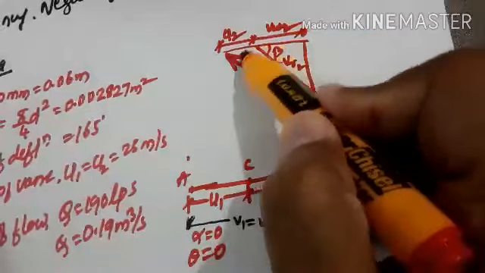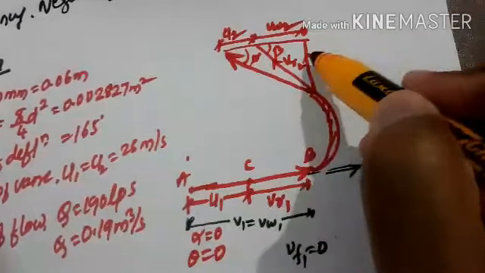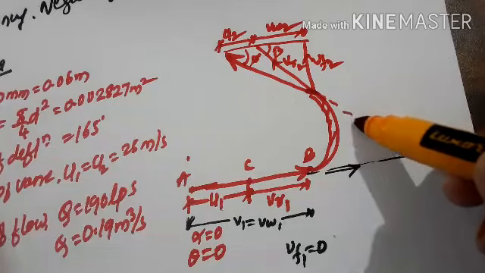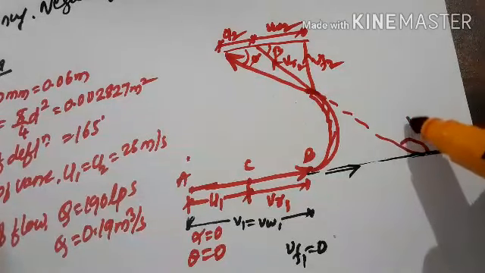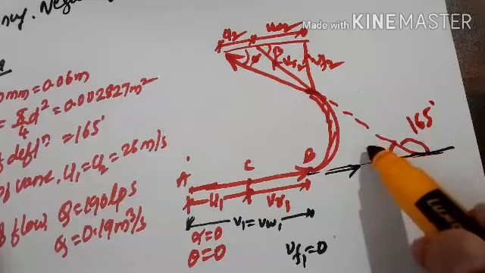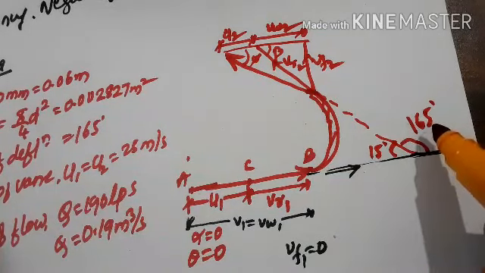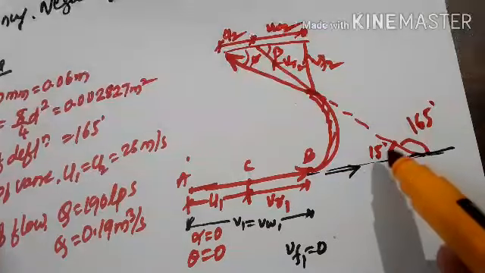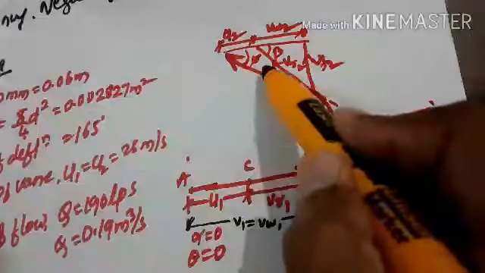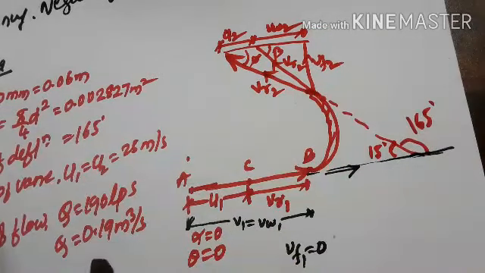Then this angle is phi. Then this will be VF2. Now the angle of deflection, you can take the angle of deflection here. This angle of deflection is given as 165 degree. Then this angle will become 15 degree. So this is the angle of deflection. So this is phi, and this angle is equal to this angle. Okay. So this will become VR2, the outlet velocity triangle.